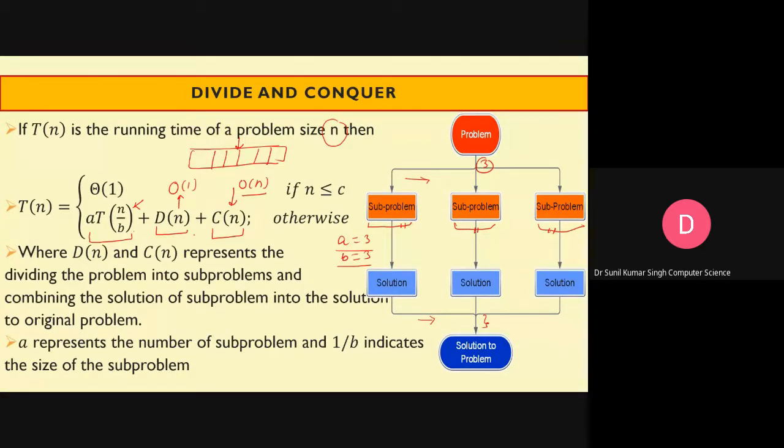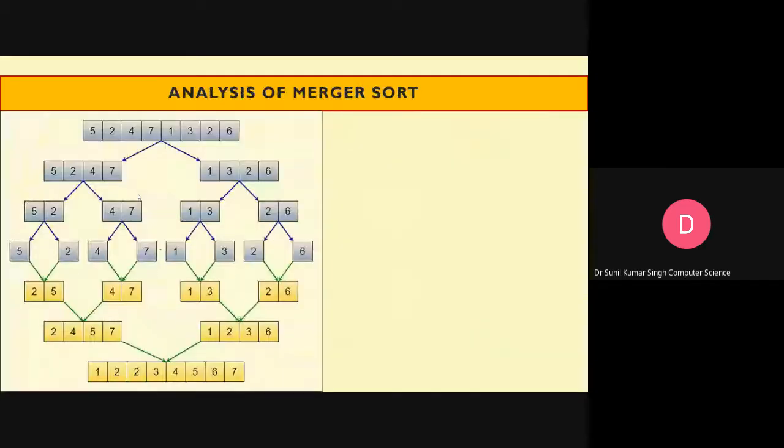This is the way to write the recurrence relation for any algorithm which has recursive steps. And of course, if the problem size is very small, then it will take very nominal cost, which is indicated with order of 1.